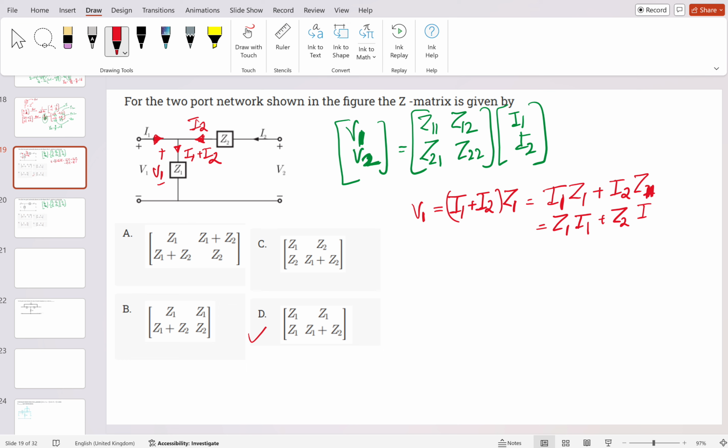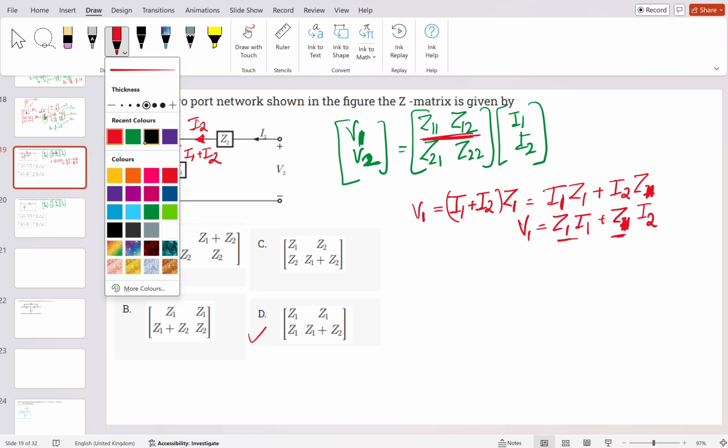Sorry, this is also Z1, so this is Z1 times I2. If you compare with these values Z11 and Z12, they are the same values, because V1 is equal to I1 and I2 terms.